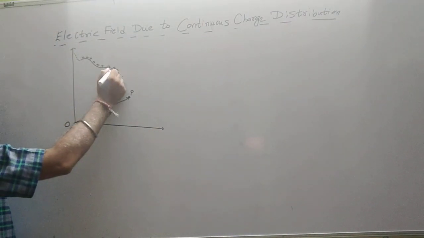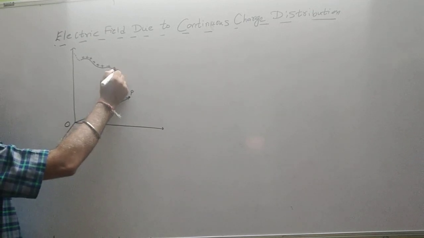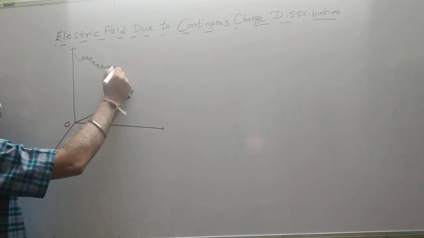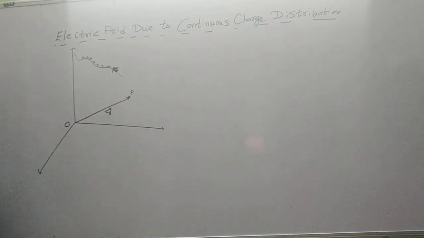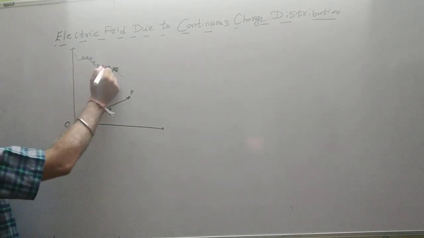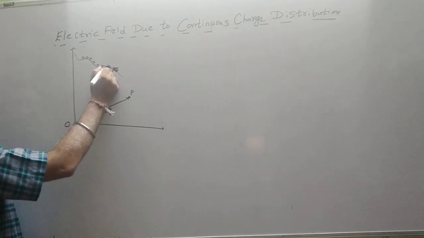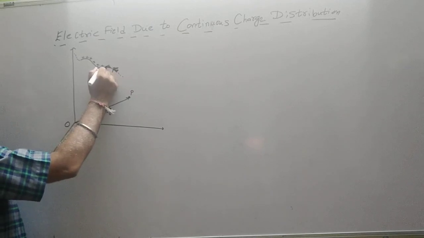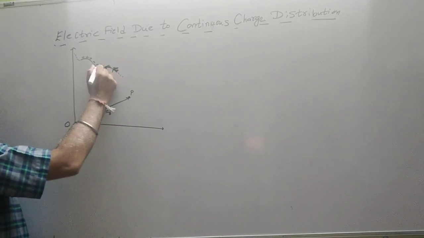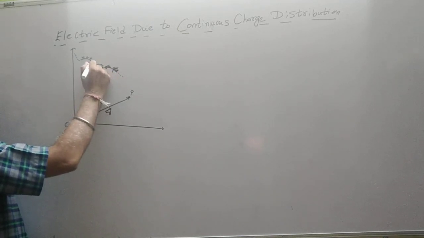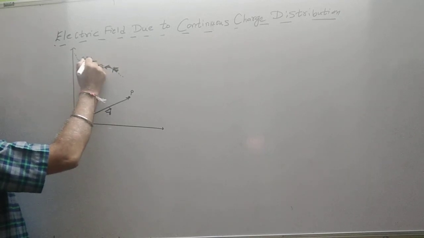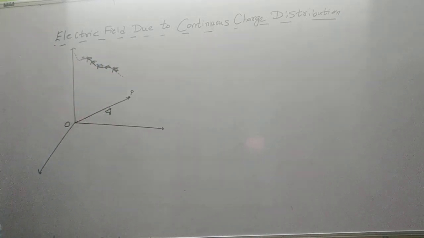Let us divide this entire wire into small elements. This is one element, this is another element, this is another element. So these are the small elements.